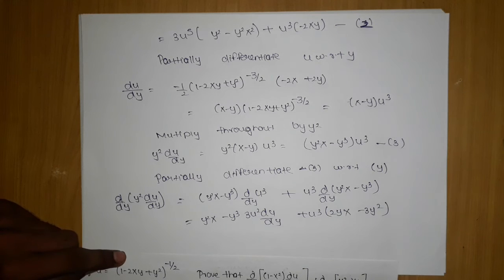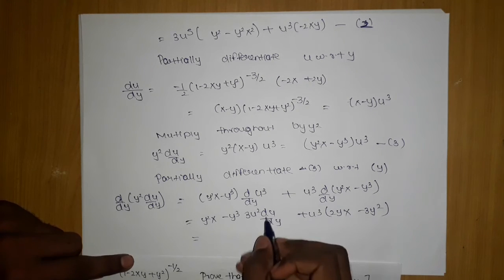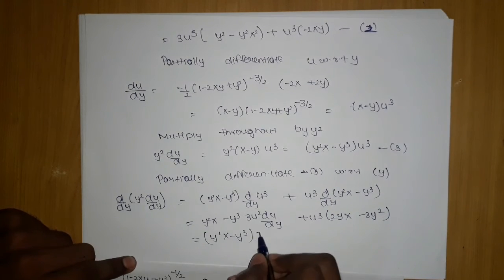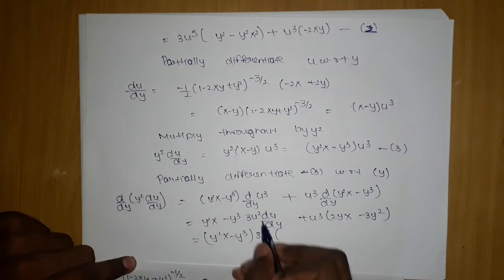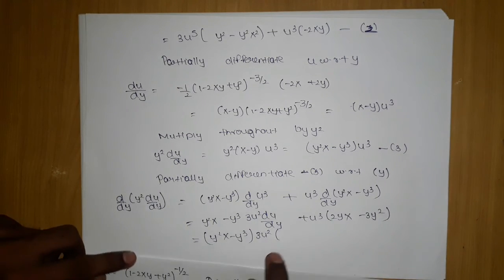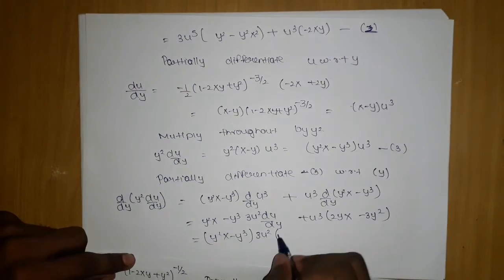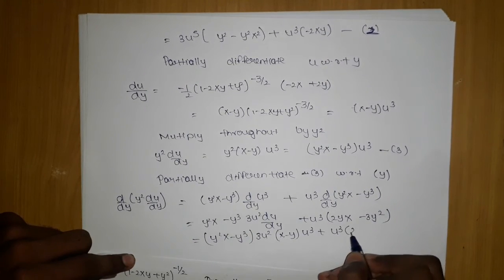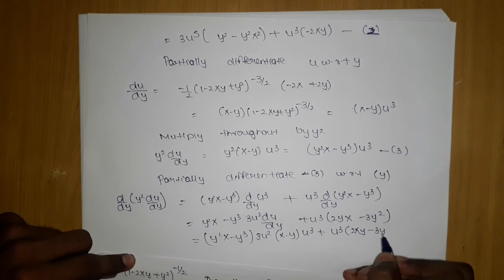If I further simplify it, I will substitute this value, (y square x minus y cube) 3u square ∂u/∂y. ∂u/∂y we are going to substitute from here: (x minus y) into u cube, plus u cube into (2xy minus 3y square).